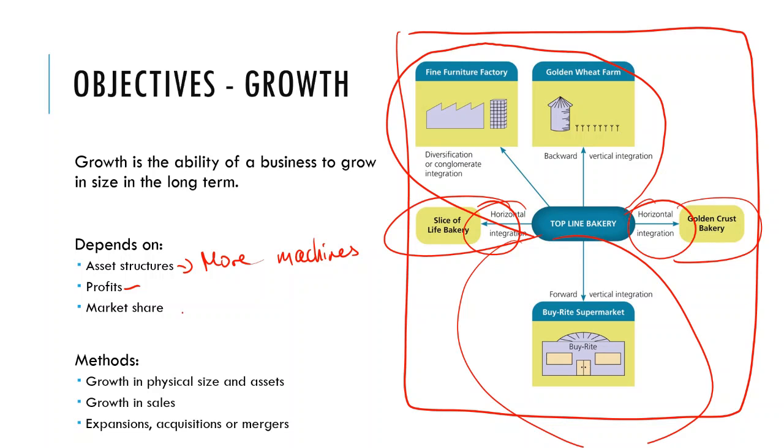I might grow in terms of market share, 15% to 20% in 2 years. These are all growth objectives, and there are different methods behind it. Sales, size, assets, acquisitions, mergers. This is the simplest of our financial objectives.